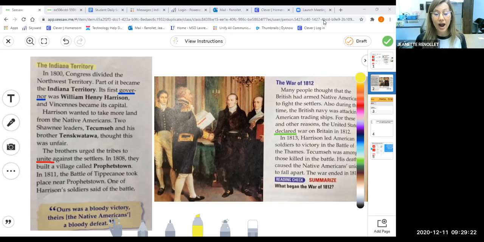Okay, thanks, Kaylee. So after they gained the Northwest Territory, they started dividing it.